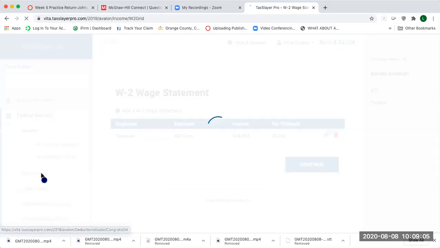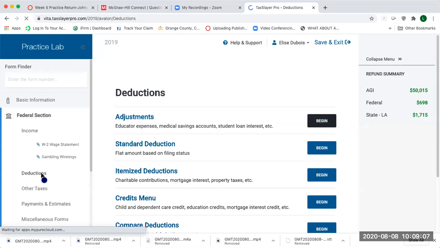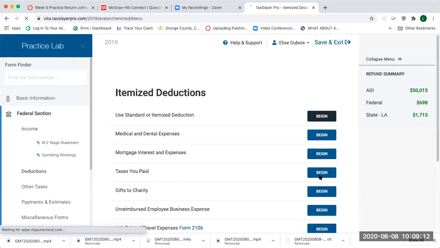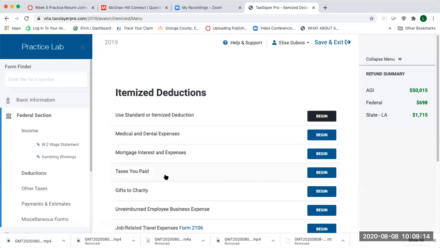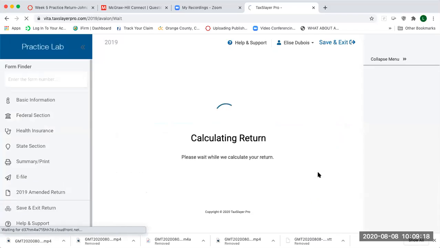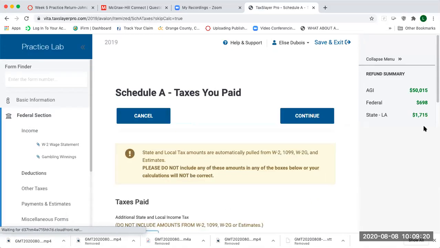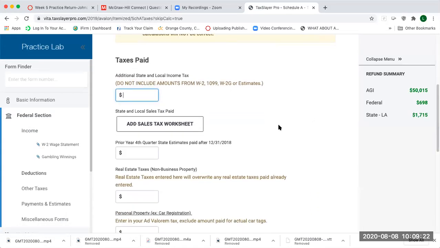And let's go back to deductions again and go into itemized deductions. All right, so if you click taxes paid, right here it's saying do not include amounts from the W-2.